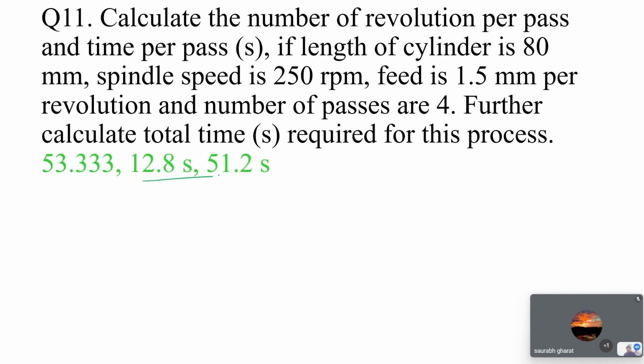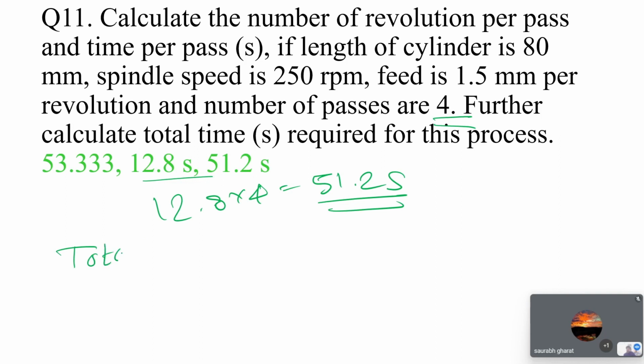You got those answers. Right now we have to find the total time. What is the formula for total time? Just multiply by the number of passes. You have 4 passes here. Just multiply 12.8 into 4, which is equal to 51.2 seconds. The actual formula for total time is L by F N into n, where n is the number of passes.